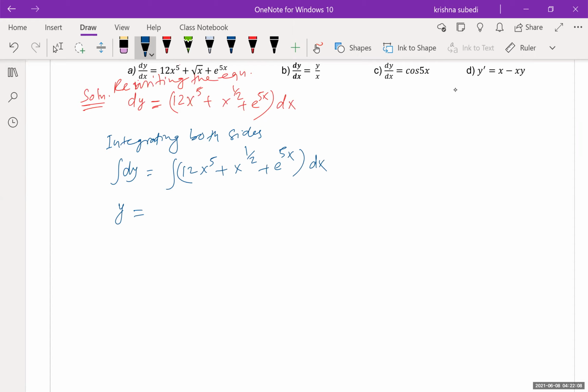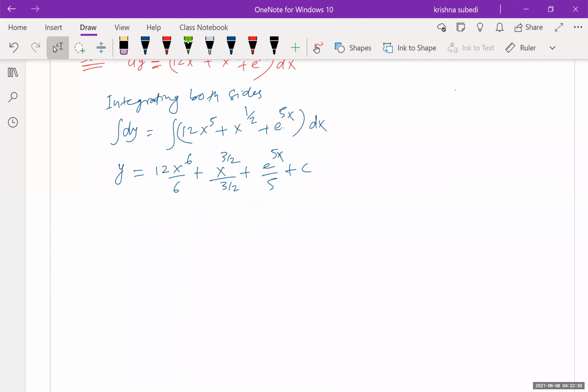So y equals, this term will be 12x to the power 6 over 6, plus x to the power half plus 1, which is 3 over 2, over 3 over 2, plus the integration of e to the 5x, which is e to the 5x over 5, plus c. That's it. We're done. This looks a little ugly, so let us put it in a nice form.